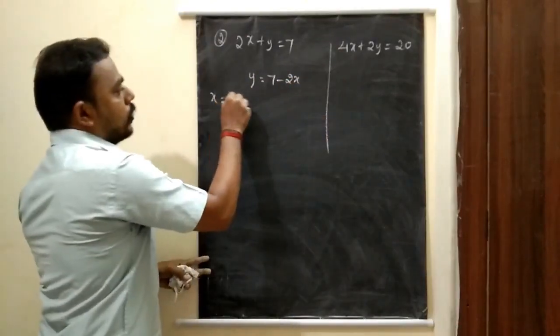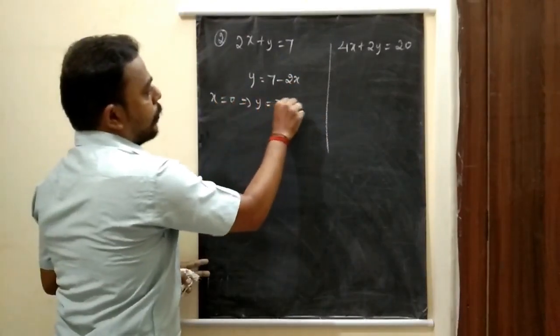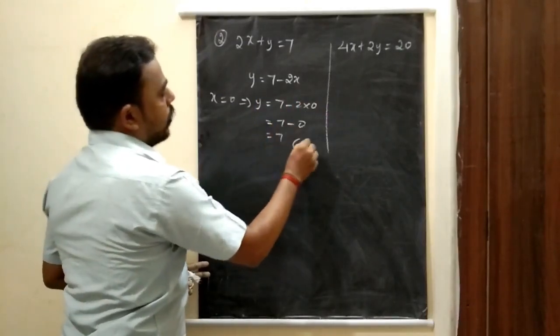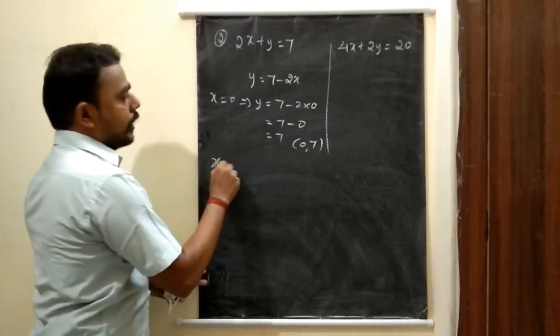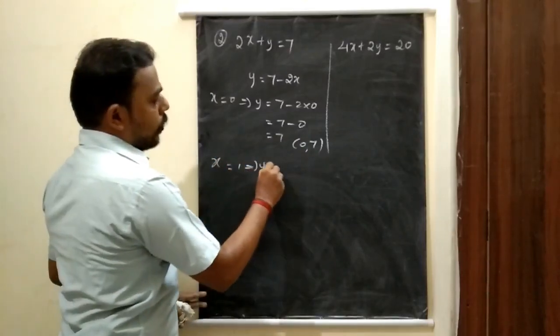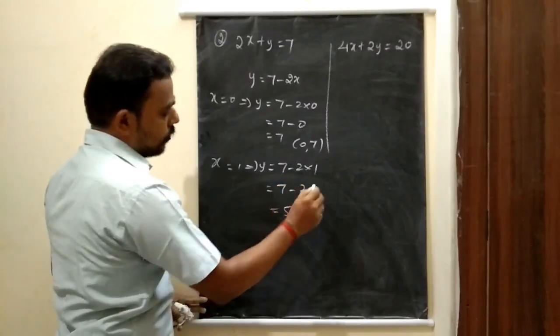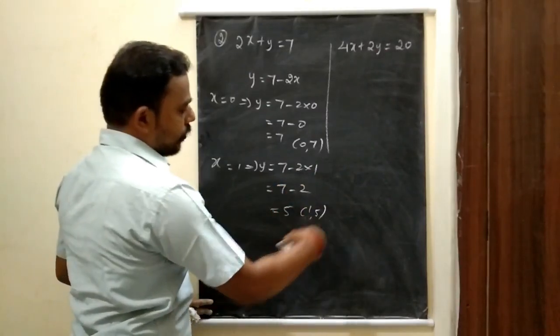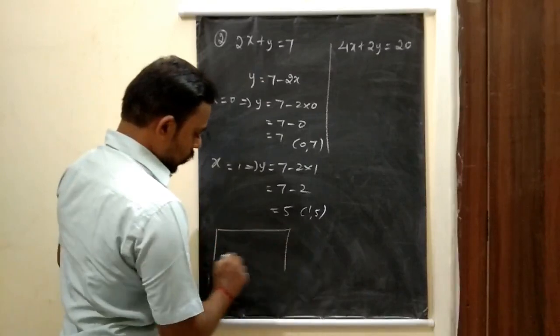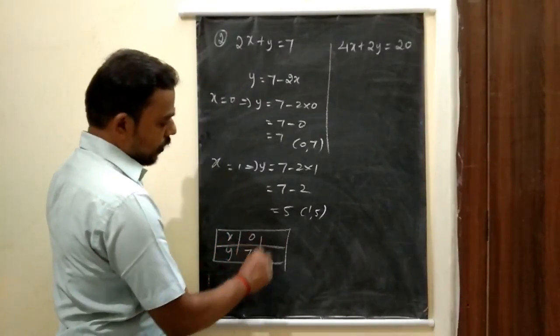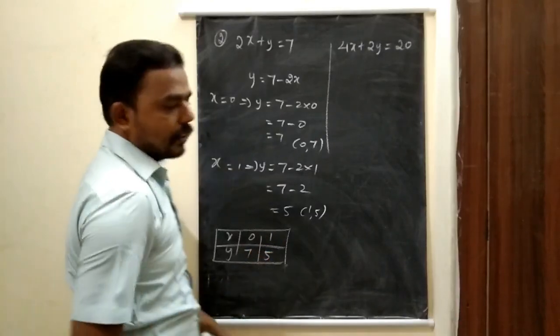So x is equal to 0, then y equal to 7 minus 2 into 0. So 7 minus 0, 7. So 0 comma 7. Next x is equal to 1. So y equal to 7 minus 2 into 1. That is 7 minus 2, that is 5. So point 1, comma 5. So you have the graph x, y, 0 to 7, 1 to 5. This is the point. Easy.